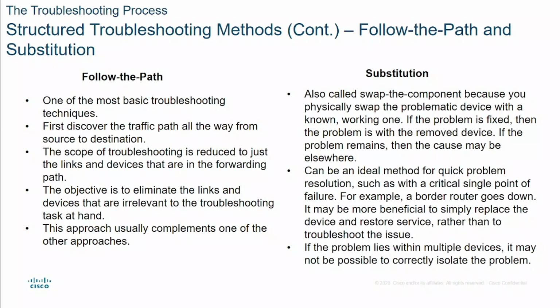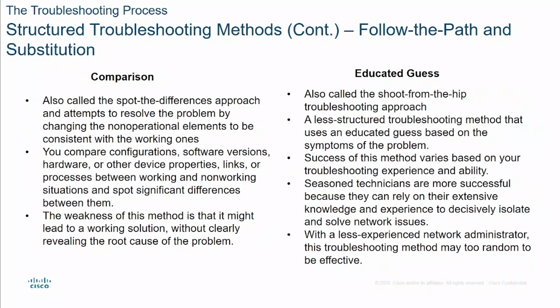It can be an ideal method for quick problem resolution, such as with a critical single point of failure. For example, if a border router goes down, it may be more beneficial to simply replace the device and restore the service, rather than to troubleshoot the issue. If the problem lies within multiple devices, it may not be possible to correctly isolate the problem.